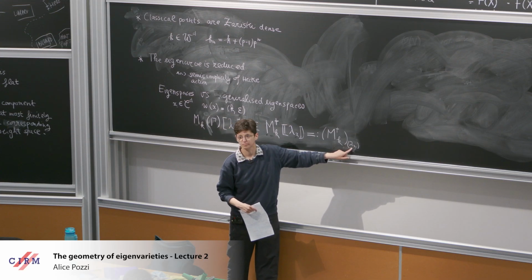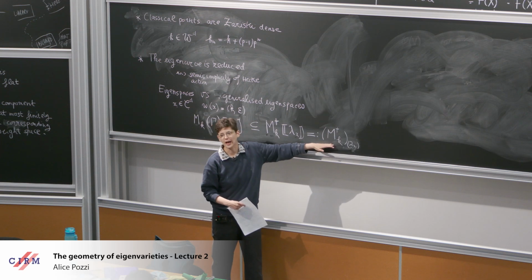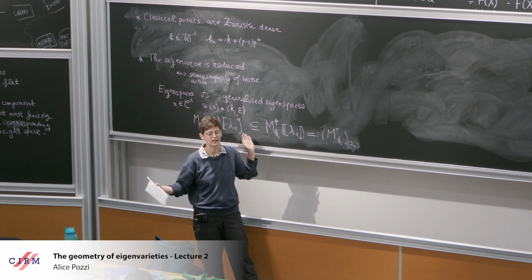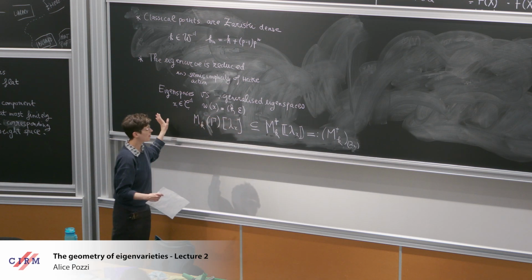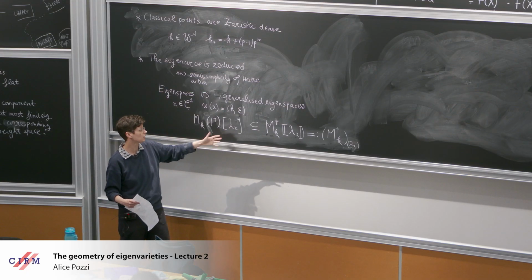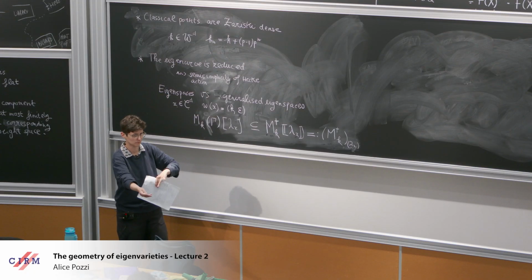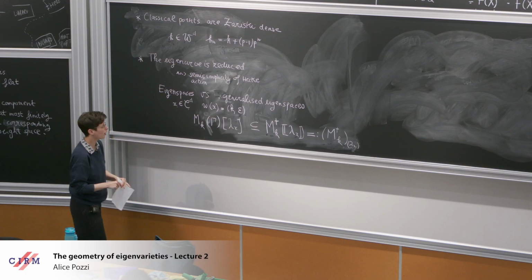In practice, this means take all the generalized eigenvectors for the system of Hecke eigenvalues. So a priori, we don't know how the two compare, and this is going to be the big theme that we're going to explore in the lecture tomorrow.